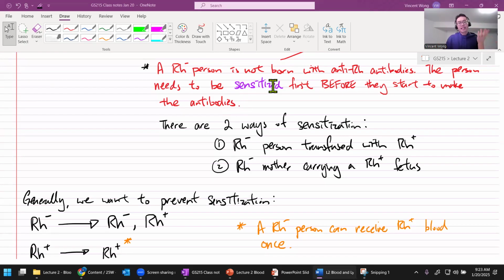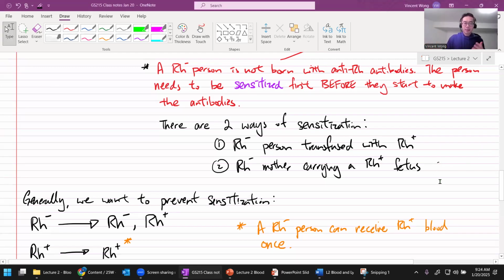When a person is sensitized, it does not mean their blood type changes. It's not like if you're negative and you get exposed to positive blood, then you become positive. Sensitized just means you are negative and you get exposed to positive blood by one of these methods, and now your body will make anti-Rh antibodies.